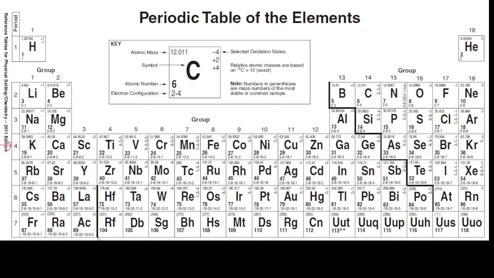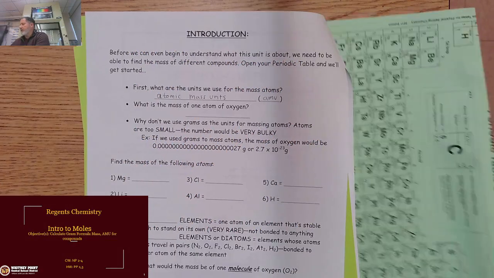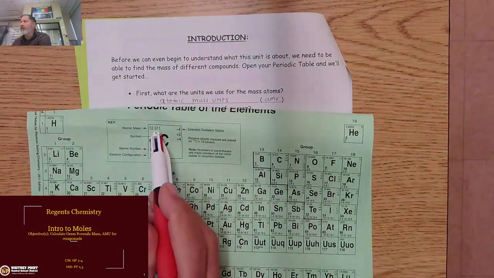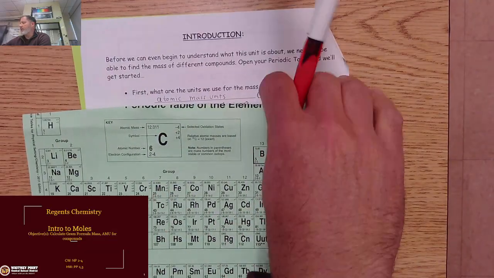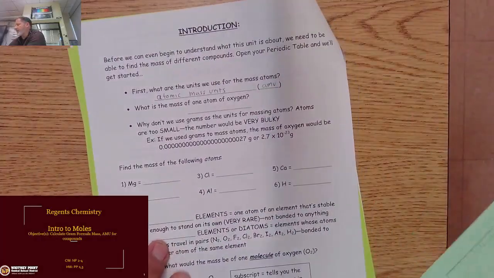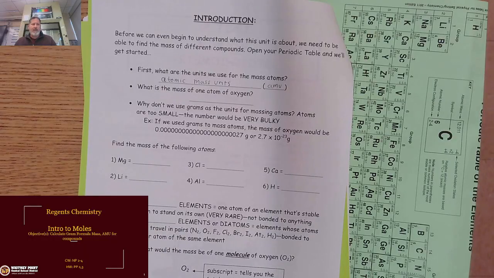Let's do it for real. Right there is the atomic mass. So that's found on the top left corner in our periodic table. It can be found in different places, but that literally is the atomic mass of the atom.